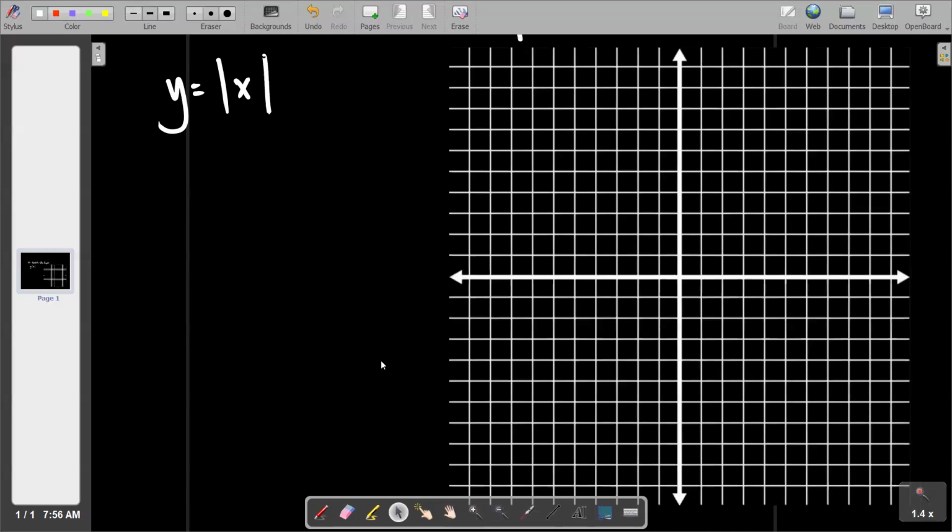To graph the absolute value function, I'm just going to walk through with you how it comes to exist. I won't do this every time because there are shortcuts, but I want you to have some understanding of where the graph comes from. So we're going to start by making a good old-fashioned table. This is something we do a lot of in pre-calculus, and I should do more of this in Algebra 1.